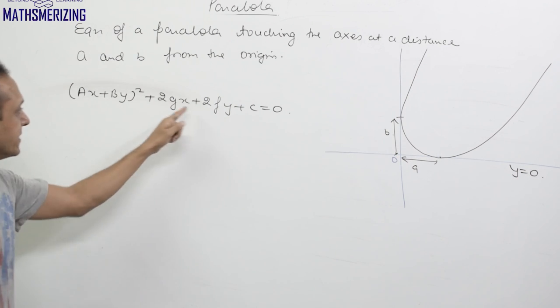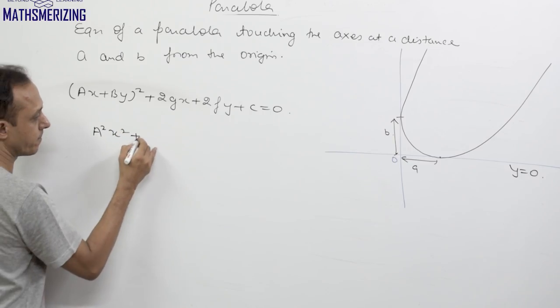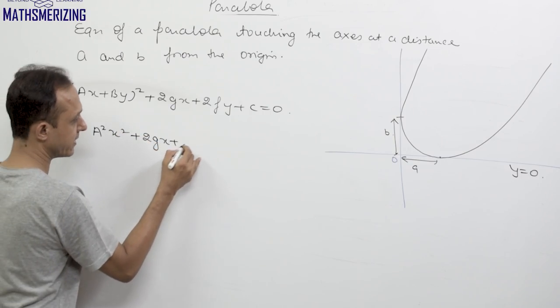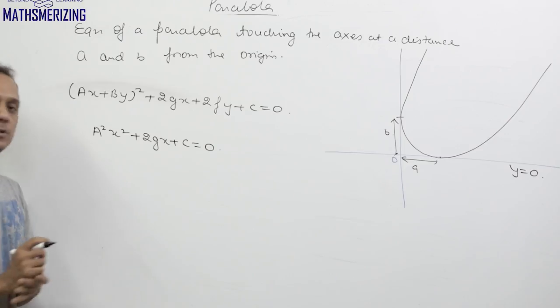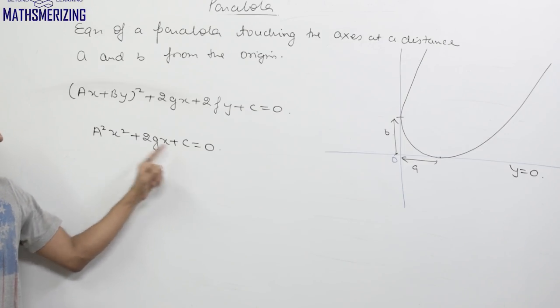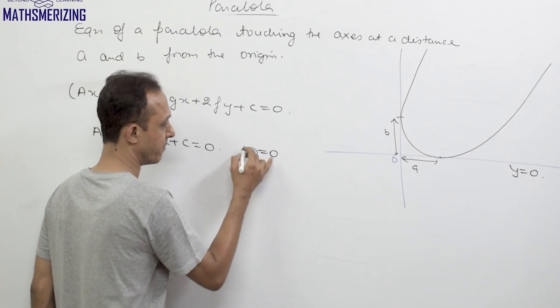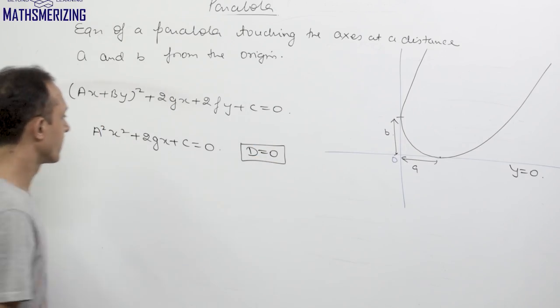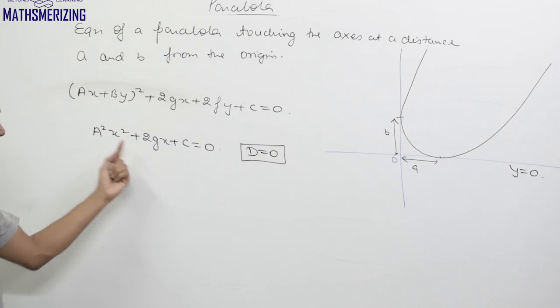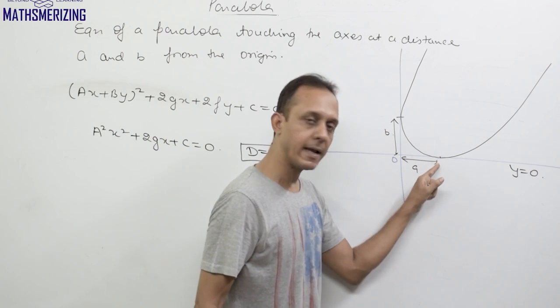So if we put y as 0, then we can get this equation as a square x square plus 2gx plus c equals to 0. Now for this quadratic equation, there should be only one root, that is the value of D should be simply 0.